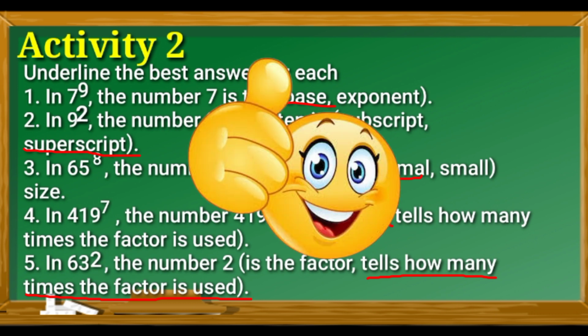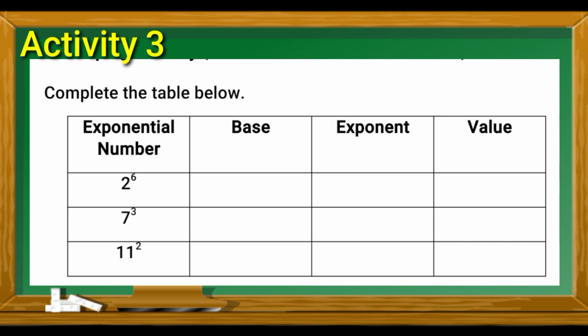Good job! Activity number 3. Complete the table below. We have your exponential number, 2 to the 6th power, 7 to the 3rd power, and 11 to the 2nd power. You're just going to write the base, exponent, and value to complete the table.